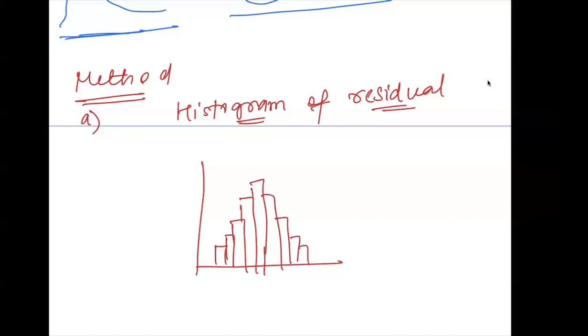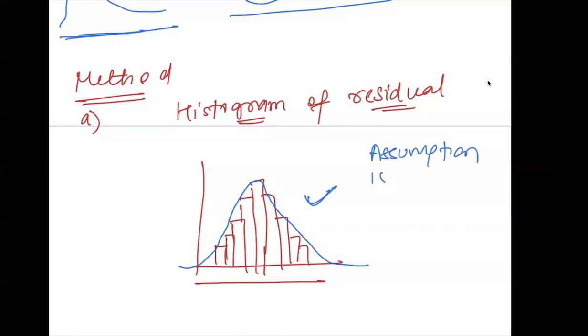You can draw a normal distribution like this. So if when you plot your histogram it's in the shape of a normal distribution, then you can say that the assumption is met.